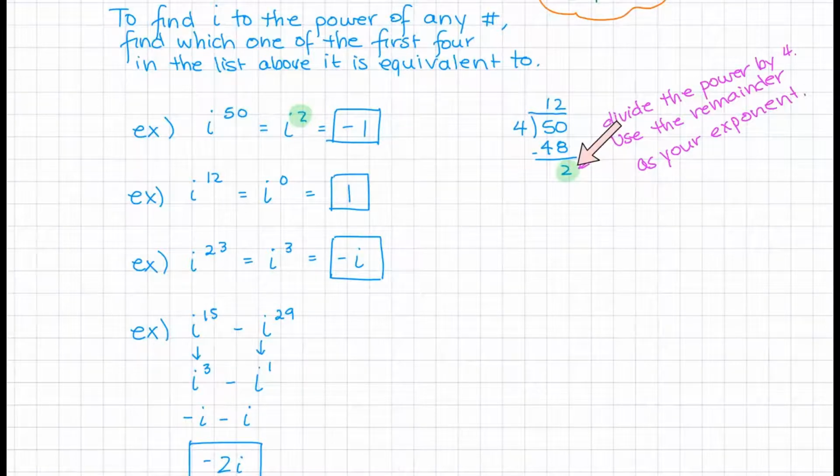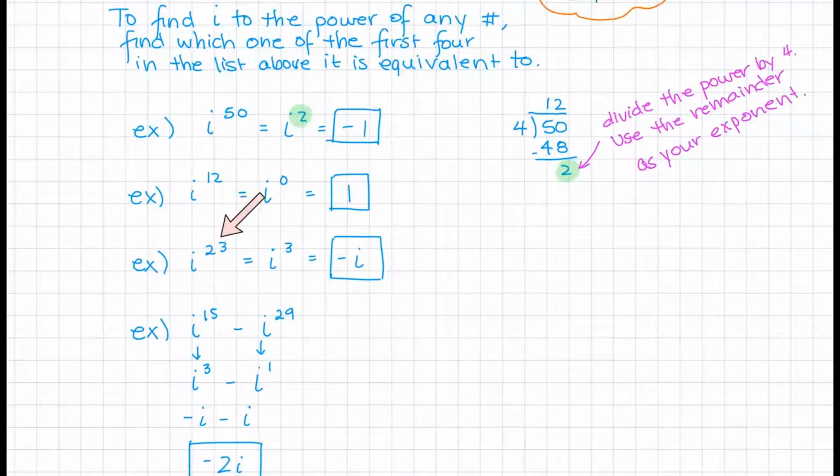That remainder becomes your new exponent. So i to the power of 50 is the same thing as i squared, which in the list above is -1. If we look at i to the power of 12, 4 goes into 12 with no remainder, so it's i to the power of 0, and anything to the power of 0 is 1.